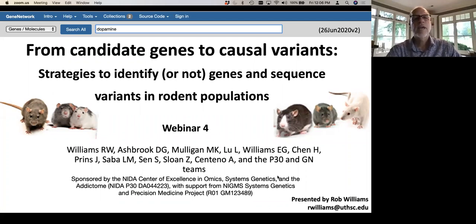So from candidate gene to causal variants, a lot of you on today actually have a lot of expertise on this too. You'll see this is, for better or worse, very BXD centric, because that's where we happen to have the most data at present.